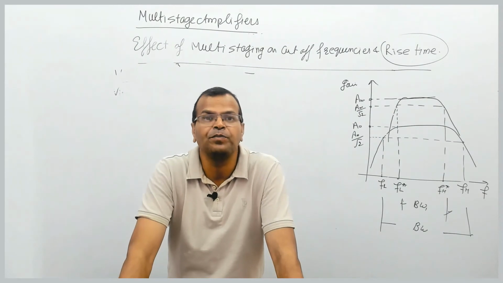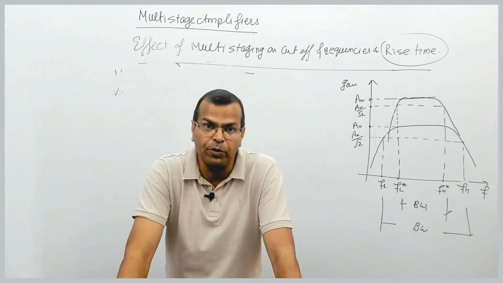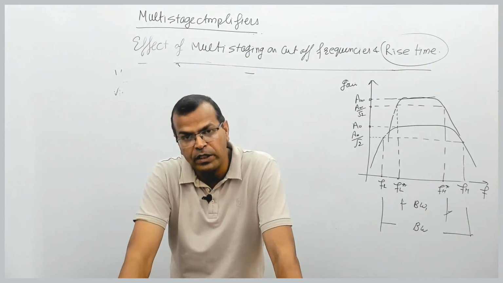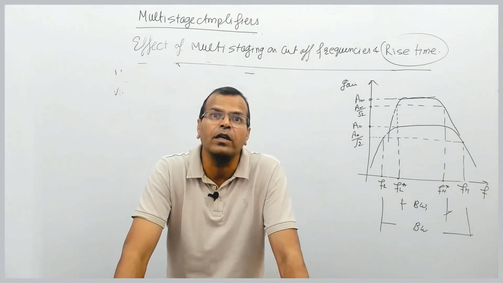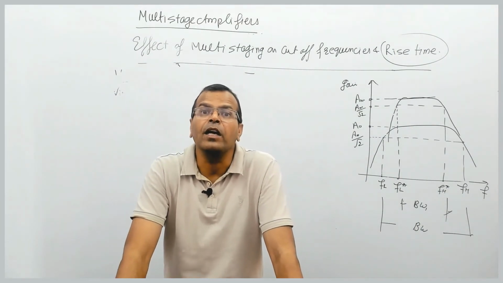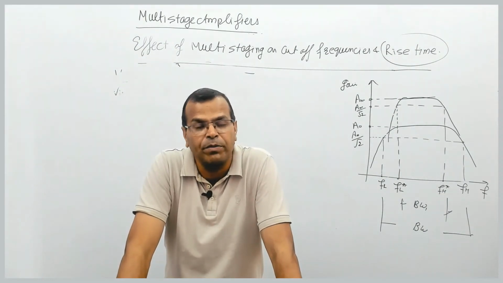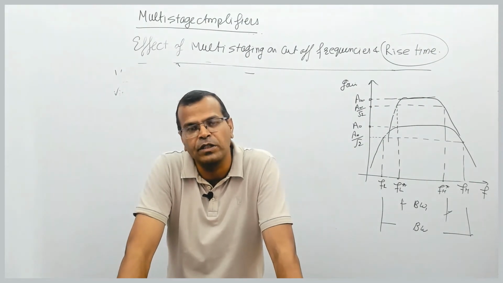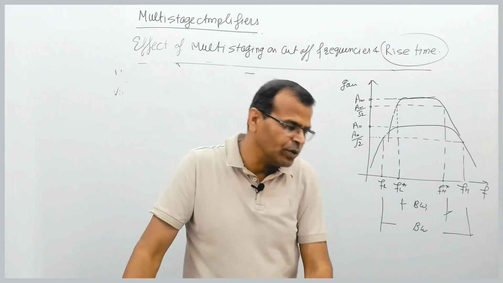I repeat, the purpose of the input stage is to provide high input impedance, the purpose of the output stage is to provide low output impedance, and the purpose of the intermediate stages is to provide high gain. So most of the gain in a multi-stage amplifier is provided by the intermediate stages. Input and output stages are mostly used for impedance matching. So these are some of the points you should remember.